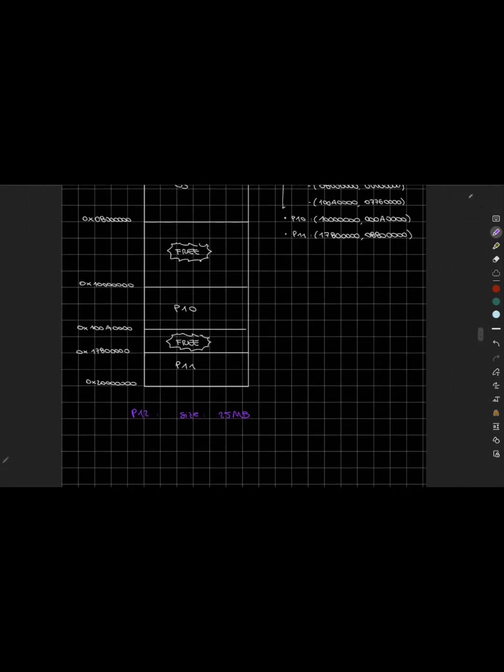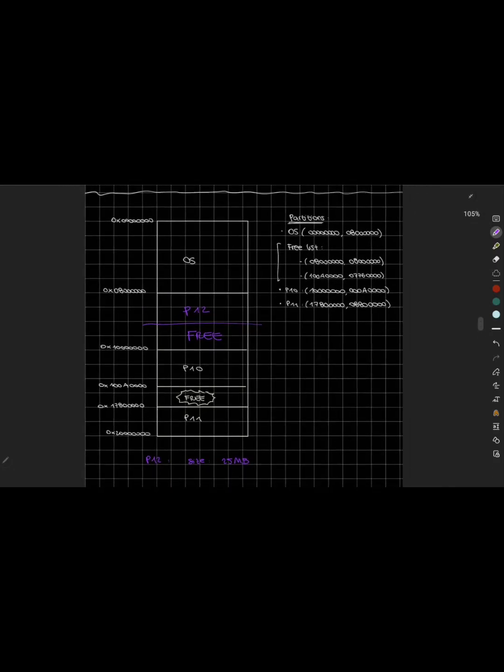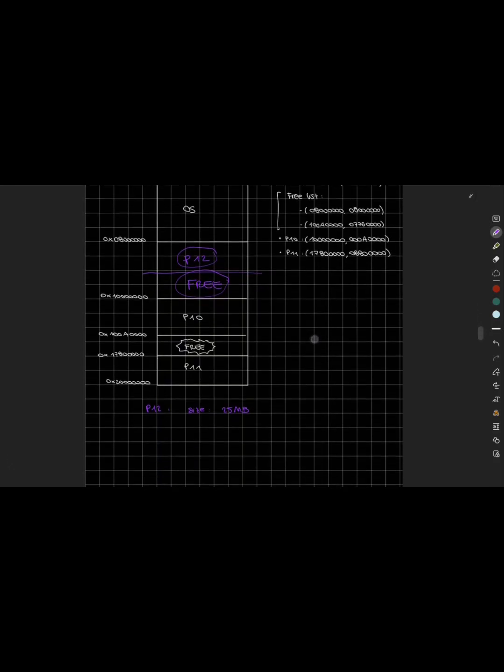And since we're using the worst fit strategy, we will allocate it somewhere like here, P12. And so we want to know the new partitions of the memory. So we want to calculate the informations for P12 and the new free list because it is going to be modified. So let's start with the informations about P12.